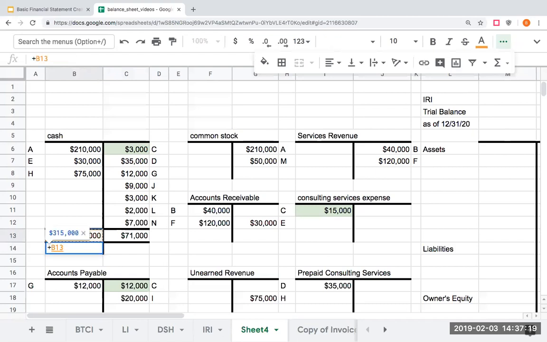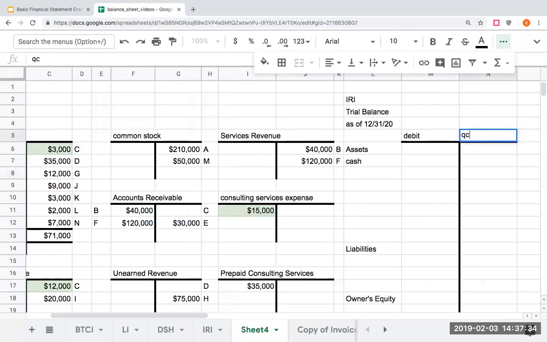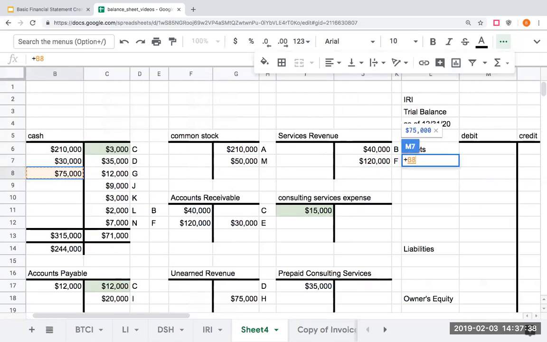I subtract the smaller from my larger balance and I end up with an ending balance of 224,000. This is the balance that's going to go over here, for cash, and when I do my trial balance, my cash balance here is going to be 244,000.